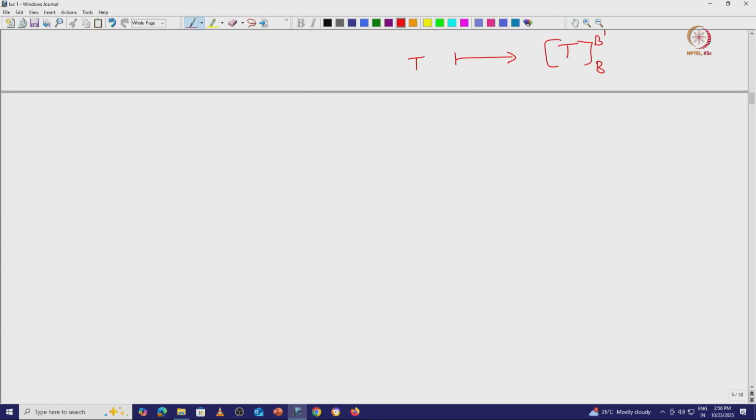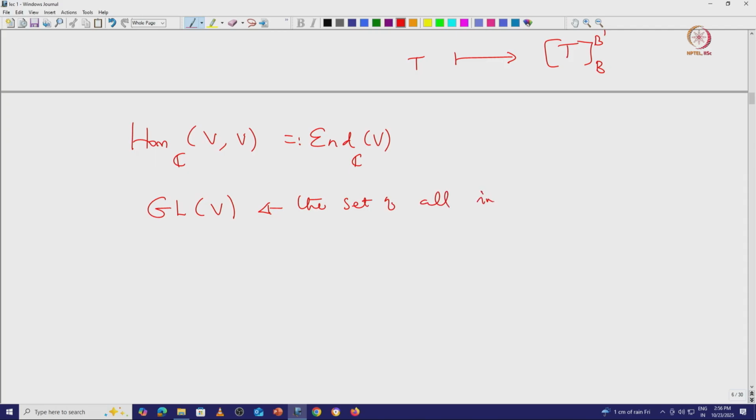Now with this we also use the following notations. We denote the Hom space from V to V as the endomorphism space of V, called End of V. This is the notation used. Whenever we talk about invertible linear operators, we denote the set by GL of V, the set of all invertible linear operators.